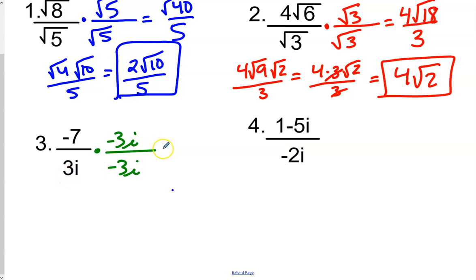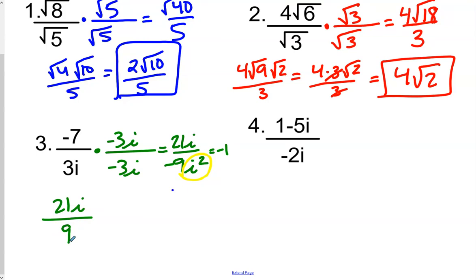Well, let's see here. 3 times negative 3 gives me negative 9. i times i gives me i squared. My numerator gives me 21i. You're thinking there's still an i down there, that didn't work. But again, i squared is equal to -1, right? So this is the same thing as saying 21i over -9 times -1, which is +9.